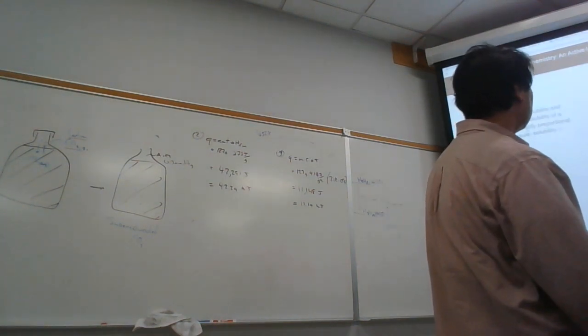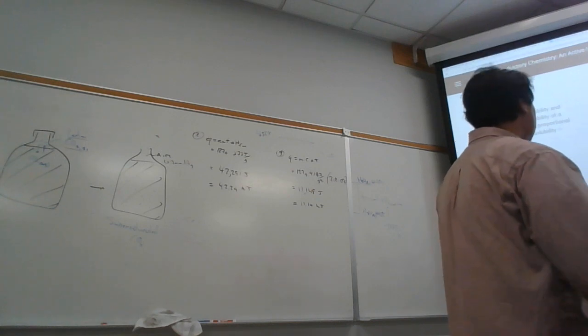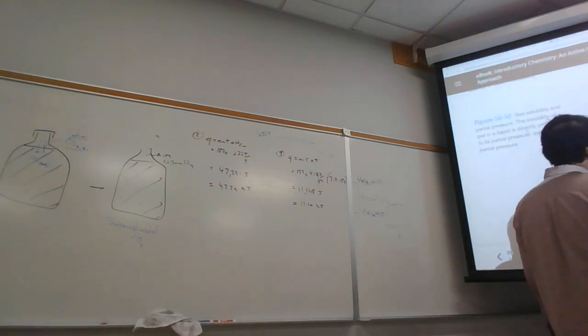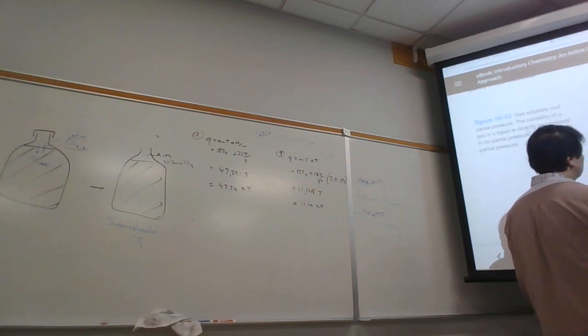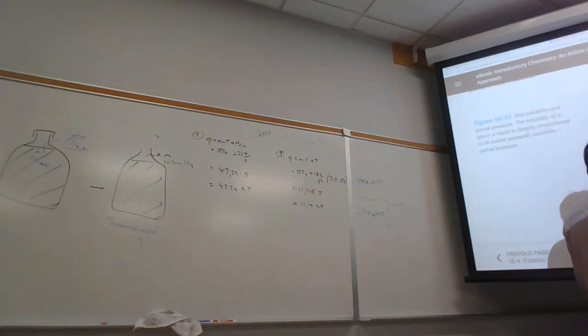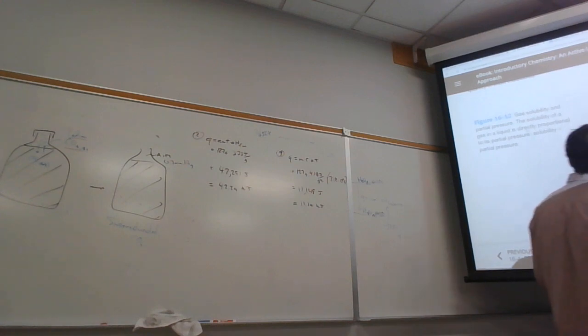Nothing. There's actually a law for this. It's called Henry's law. The higher the partial pressure of the gas, the more you're going to force into the liquid. And so here, the partial pressure is not that high. If you compress it, you get a higher pressure and more gas dissolved.